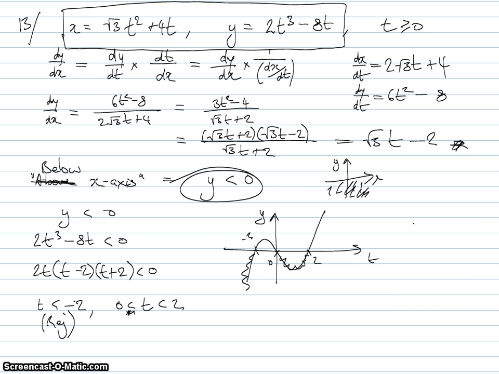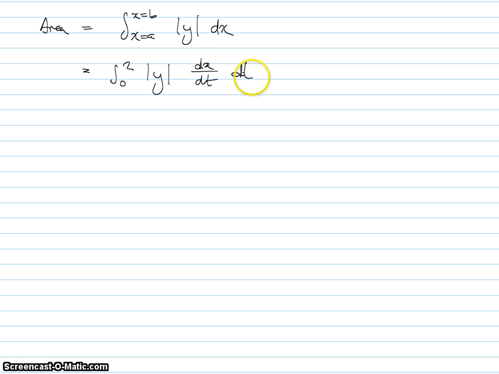If you think back to the previous question, we know that the area between a curve and the x-axis is always given by the integral from x equals a to x equals b of the absolute value of y dx, right? But again, this time we don't have x as a variable, we've got t as our variable, so we change it. We're looking for t between t equals 0 and 2 of the absolute value of y times dx by dt dt.